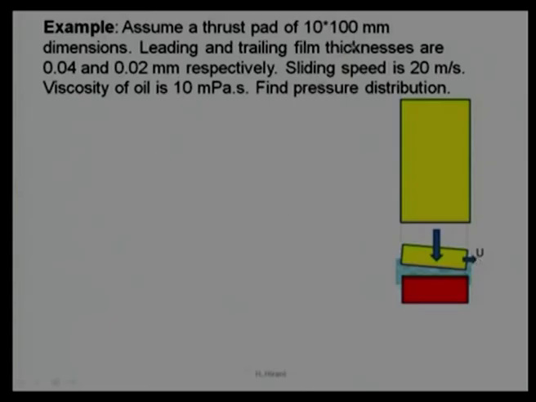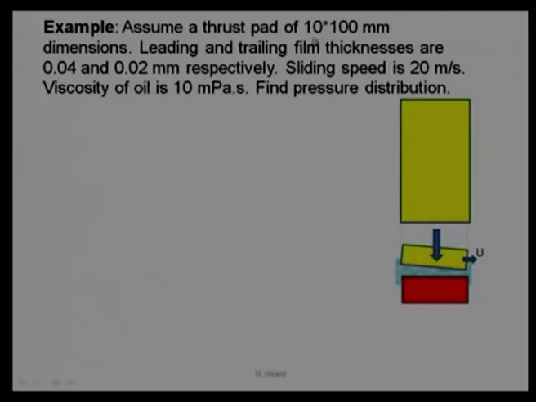And we are saying the film thickness at the two junctions is defined. The entrance film thickness is 40 micron, and at the exit the film thickness is 20 micron, which is a reasonable figure, assuming that when the dimensions are 10 mm and 100 mm, this film thickness of 40 to 20 is reasonable. The viscosity of the oil which we are using is something like 10 millipascal second.